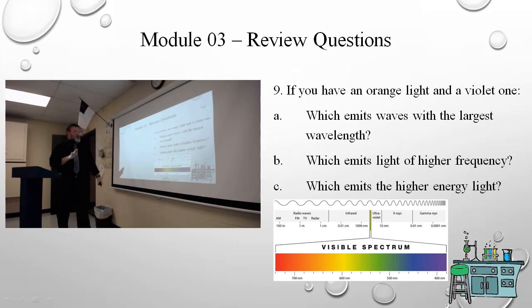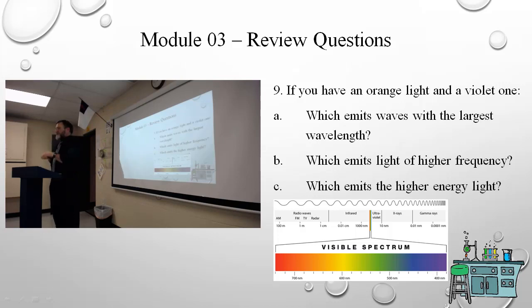So if one is a higher wavelength, the other one must be a higher frequency. And then the question is, which emits the higher energy light? Now you could remember that E equals h times f. The energy is Planck's constant times the frequency. But you could also remember that energy is directly proportional to frequency. So whatever has the highest frequency has the highest energy. Whatever has the lowest wavelength has the highest frequency, has the highest energy.